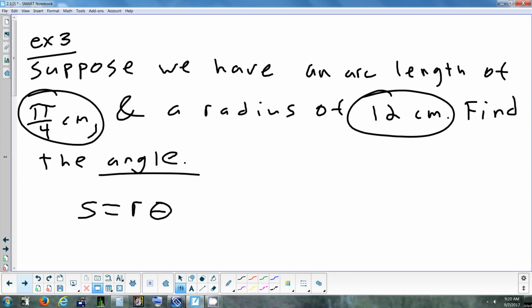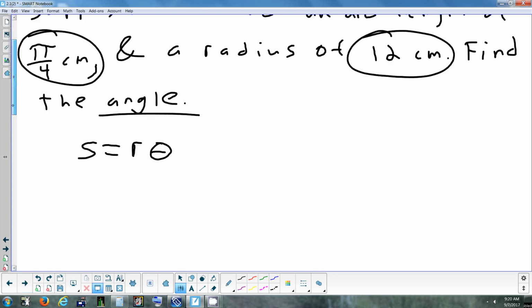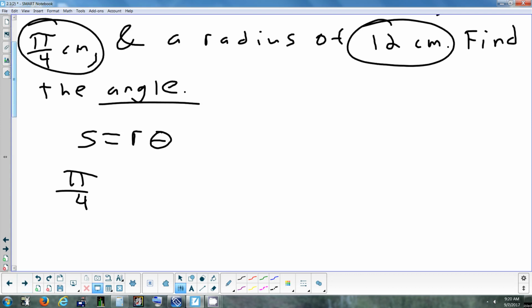See, because it says we have an arc length of pi over 4. So, Emily, if we plug that in for the arc length, which letter is that? S. So we're going to fill in pi over 4. How about the 12? Cameron, what's that? The R. Yeah, that's the radius of 12. And now I'm going to solve for theta.